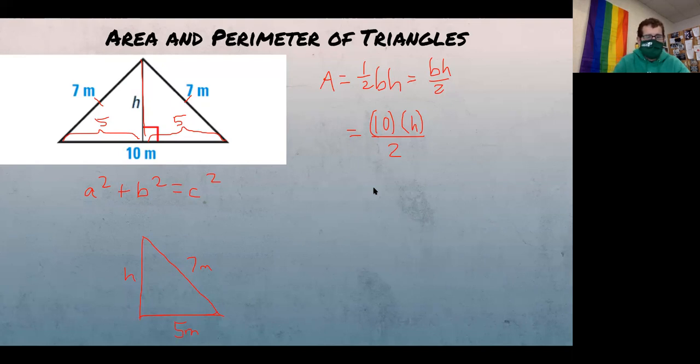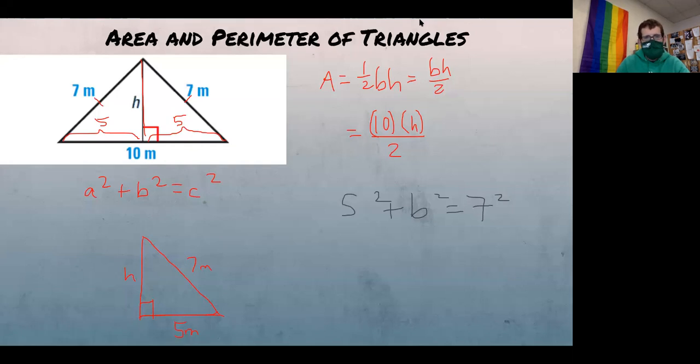All right. So now that we have this smaller triangle, this half of the triangle, we can solve for the height. The idea was already thrown out for the Pythagorean theorem. So go ahead and plug those numbers from this triangle into the Pythagorean theorem. You can feel free to write on the screen what it would look like when you take the 5, the h, and the 7 and plug it in.